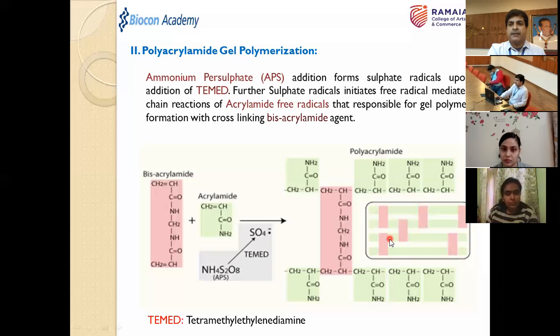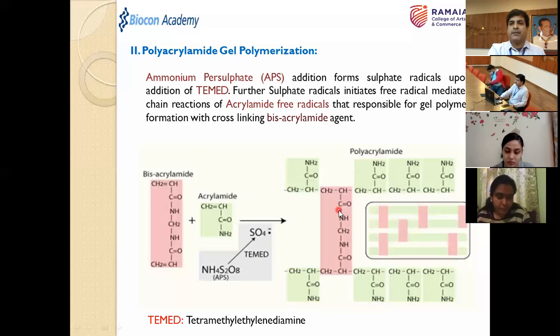In polyacrylamide, you have all the components. Then finally, you are adding ammonium persulfate and TEMED to acrylamide and bisacrylamide. As soon as you add TEMED, this TEMED is responsible for converting ammonium persulfate to form sulfate free radicals. And these sulfate free radicals are responsible for formation of the polyacrylamide gel network.